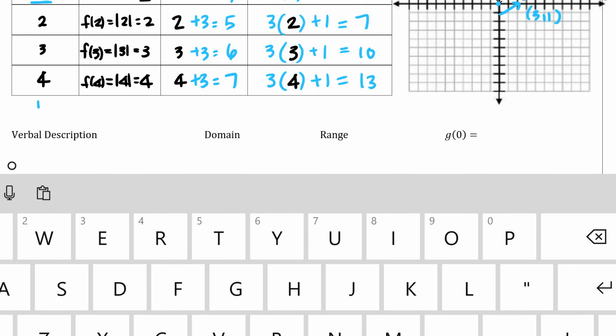The graph was y equals 3 times the absolute value of x minus 3, plus 1. I'm going to go in this direction.